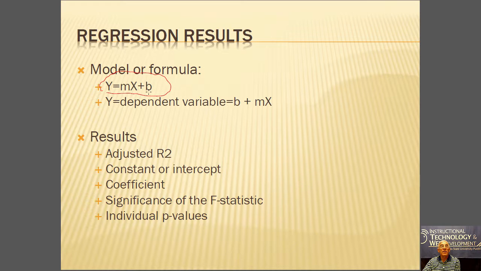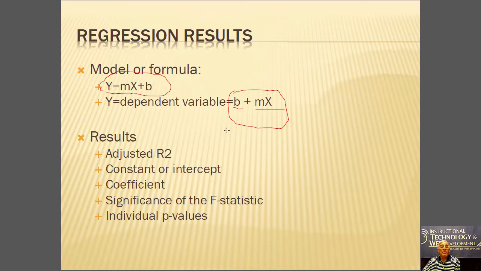B is the y-intercept, m is the slope of the line. We could surely turn that around and have the dependent variable equals the y-intercept plus the slope of the line times the x value. And this is the format that you're going to see in the regression results in a few minutes.